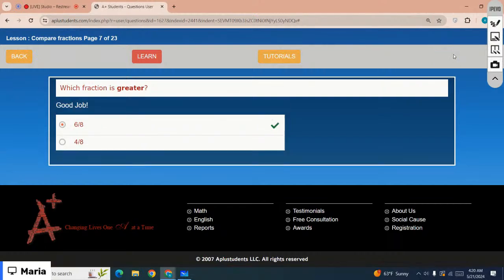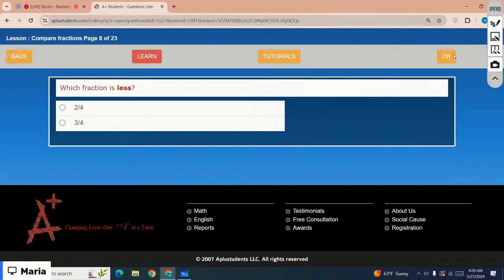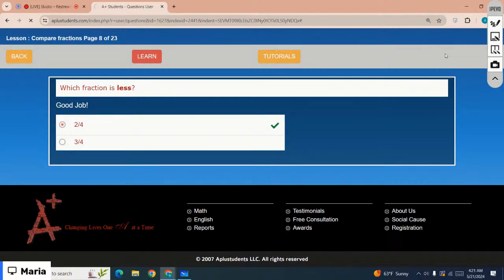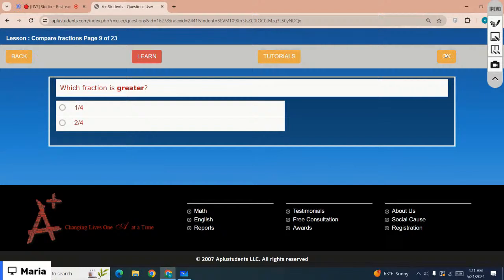The correct option is 6 over 8. 2 by 4 is less than 3 by 4. Which fraction is greater?